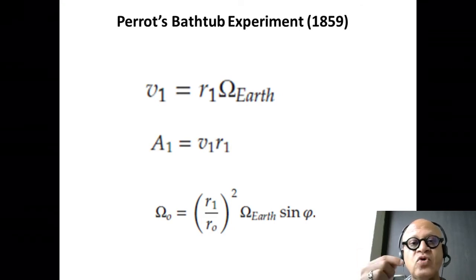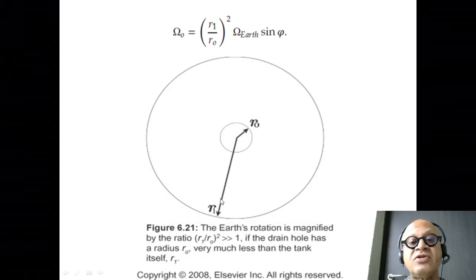Then as you go inside towards this drain, right, the tank is just sitting for a day, all the water is simply sitting, but it has slowly acquired Earth's rotation.